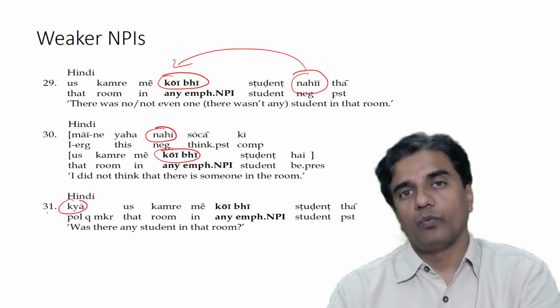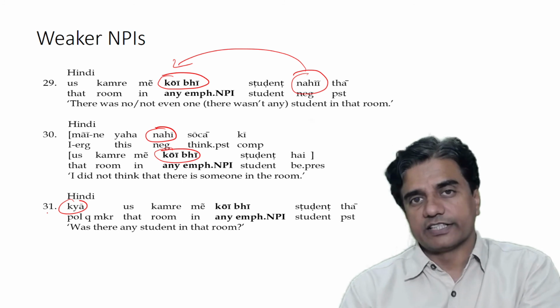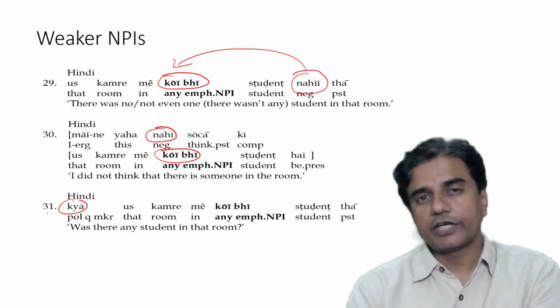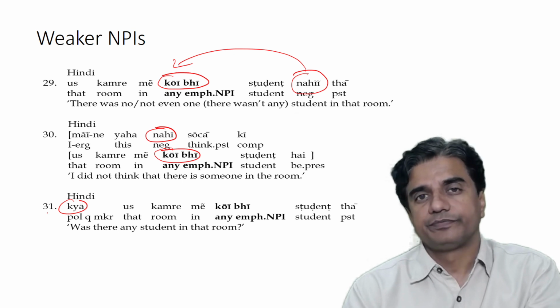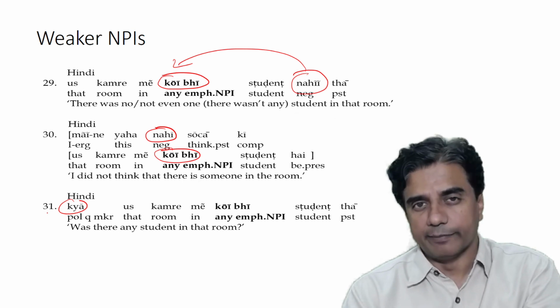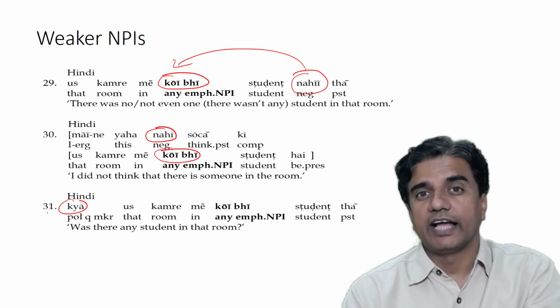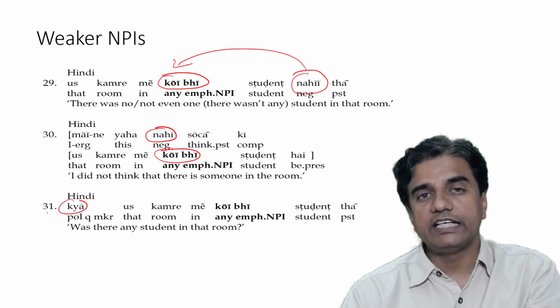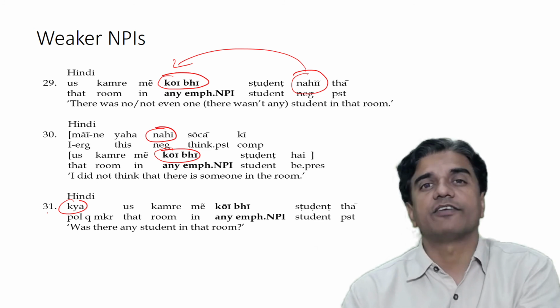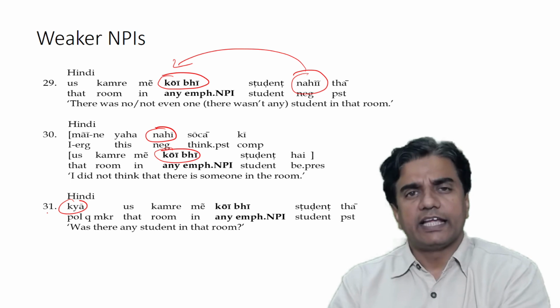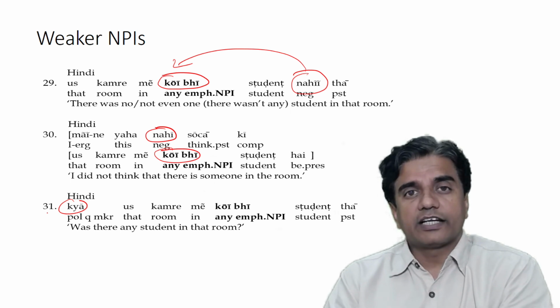Thus, with our discussion so far, we have looked at two things in particular. We have looked at negative elements and their distributions, and then we have looked at how they intersect with the licensing of negative polarity items. That is, how negation and negative elements affect certain other elements in a sentence.